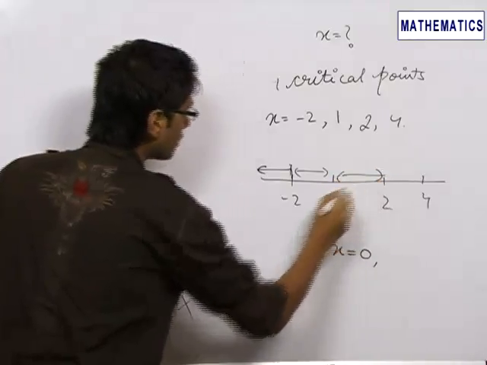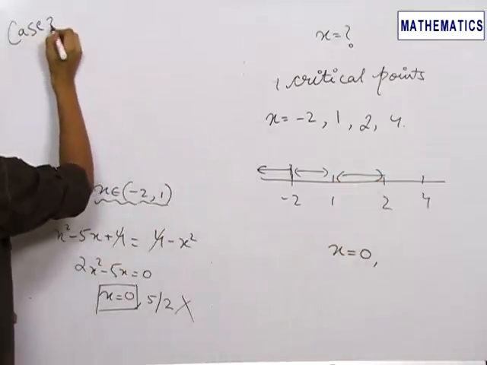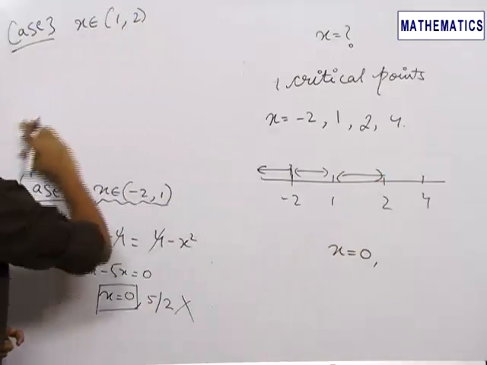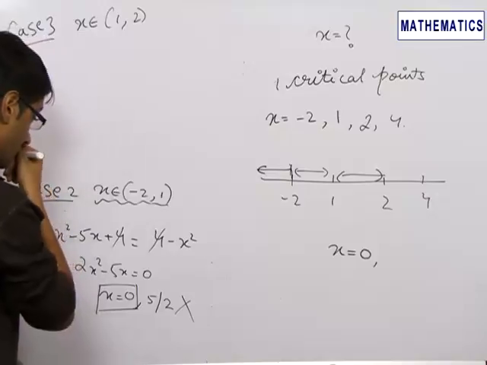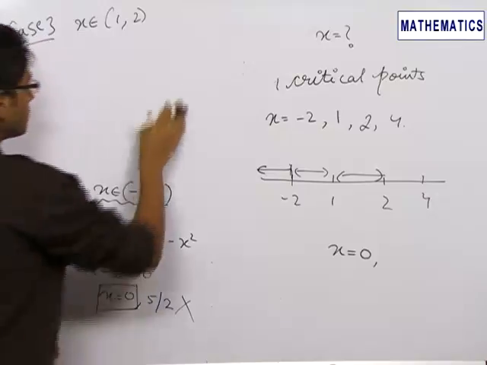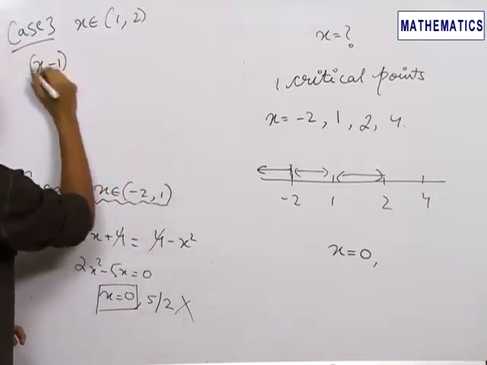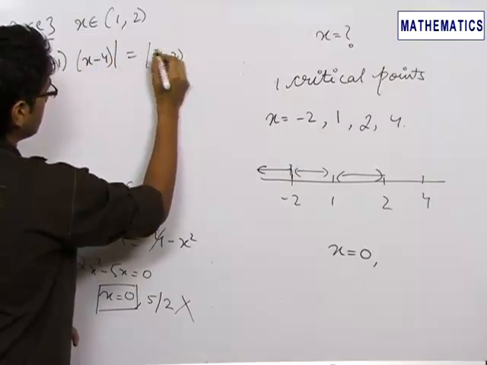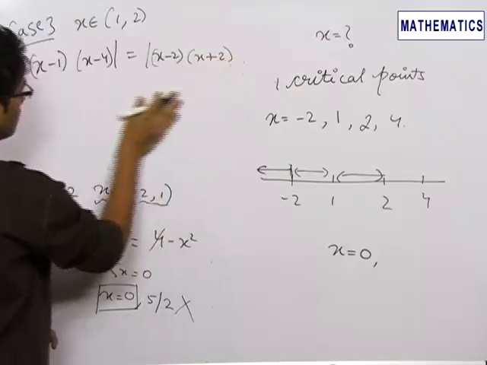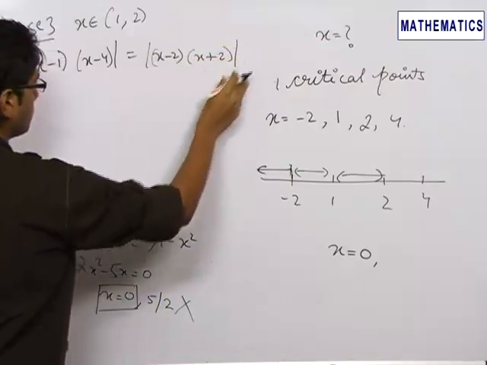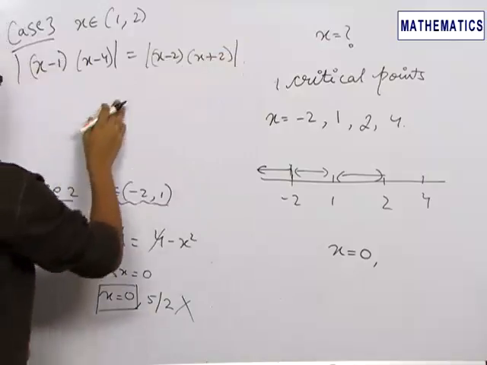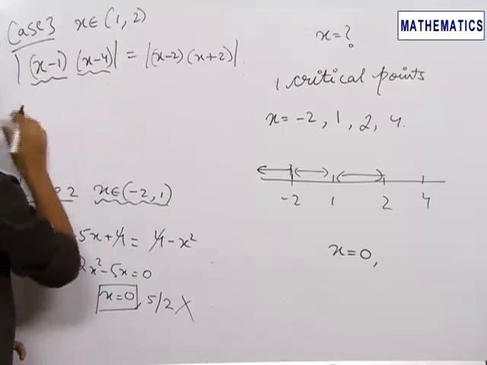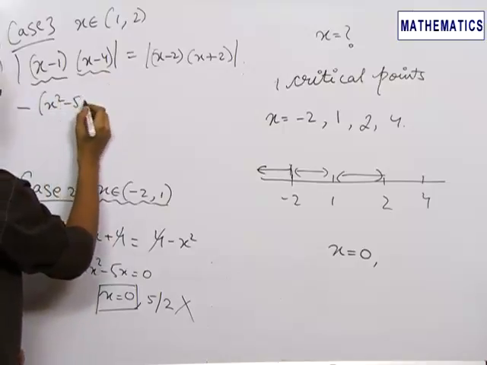Our third range is x belonging to 1 to 2. Now in x belonging to 1 to 2, we again write the equation. This is positive, this is negative, so this will open as minus of (x square minus 5x plus 4).